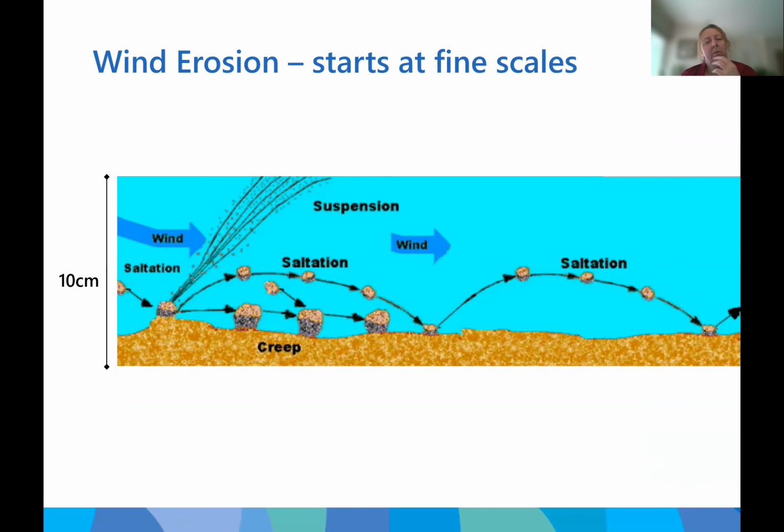So it's really important to remember that wind erosion really starts at fine scales. If we think about this as just 10 centimetres high, as wind moves through, it starts to pick up particles and moves them across the landscape. And as that particle moves across the landscape, it bounces, and as it lands, it kicks up a little bit of dust. That dust is often your clay particles and really fine organic matter, and it's the most important part of your soil in terms of accumulation of nutrients and the capacity to support life.